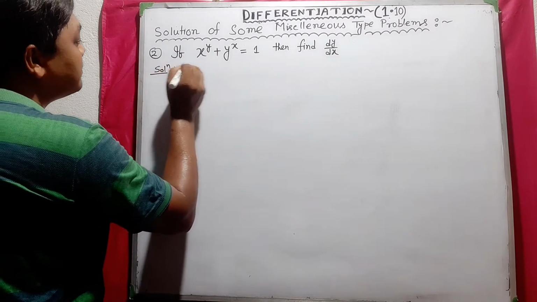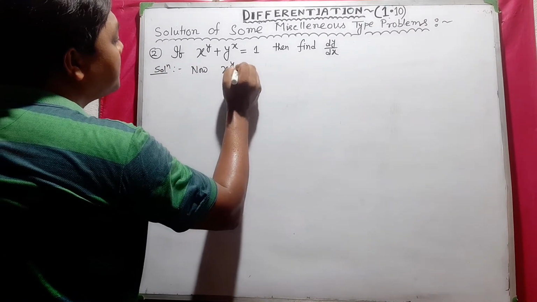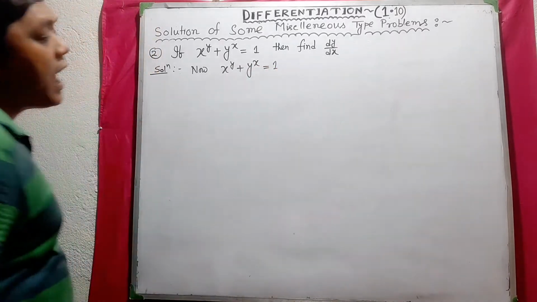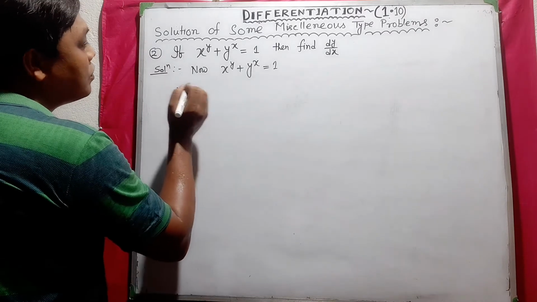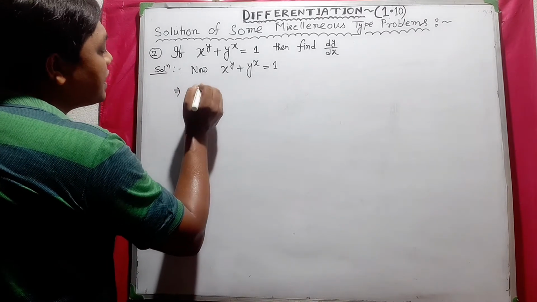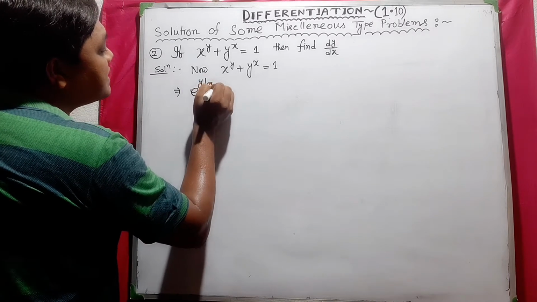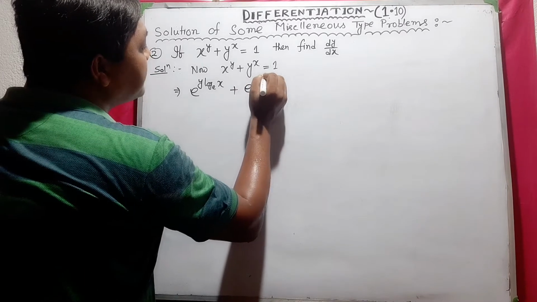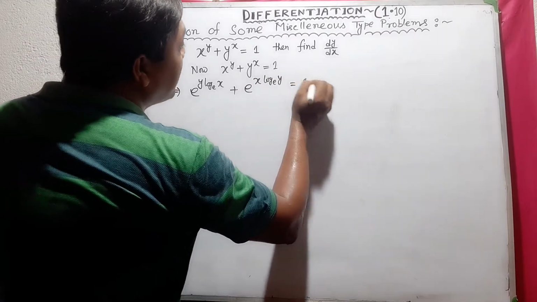Now x to the power y plus y to the power x equals 1. In the previous lecture we have already discussed this. So we can write it as e to the power y log x base e, of course, plus e to the power x log base e y, equals 1.